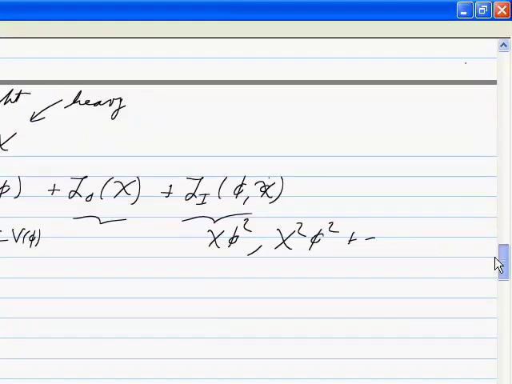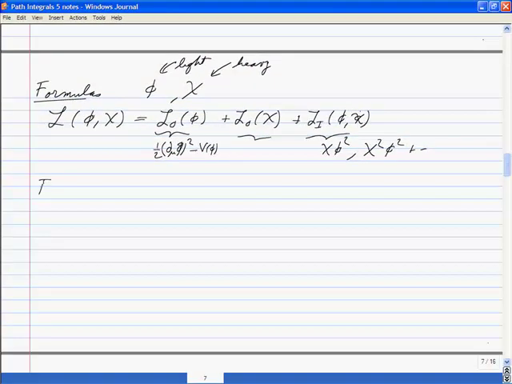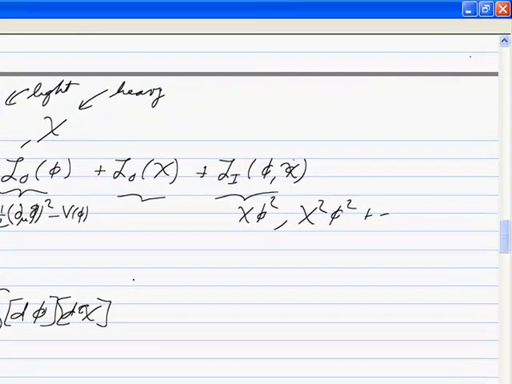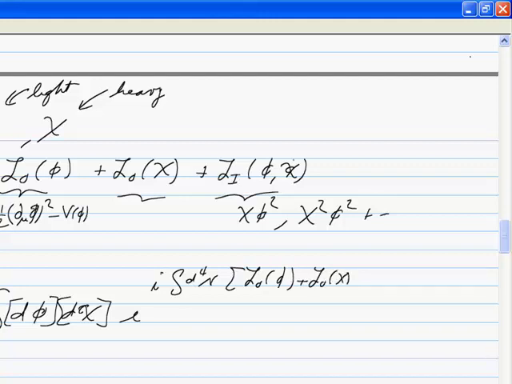Okay. So in complete generality, the full theory is defined by this path integral, let's call it Z of J_phi, J_chi, which is the path integral over phi and over chi, e to the i integral d4x, L0 of phi plus L0 of chi.